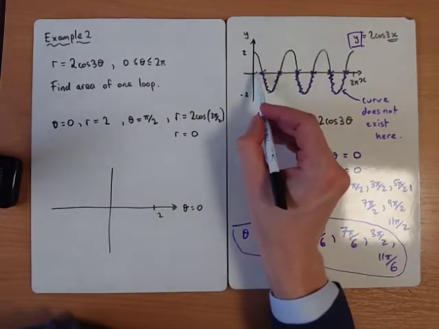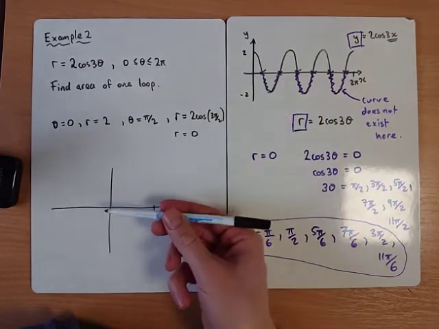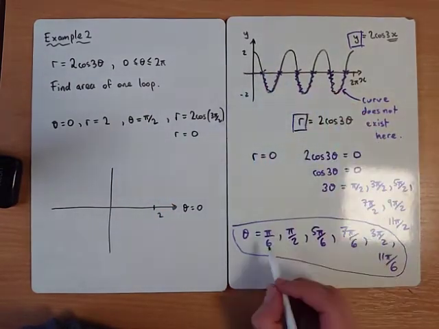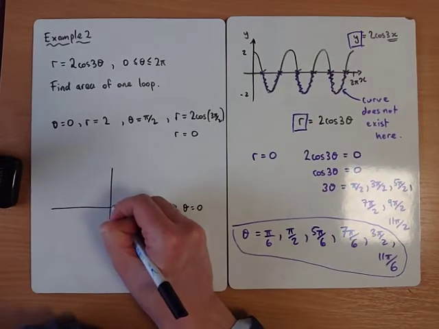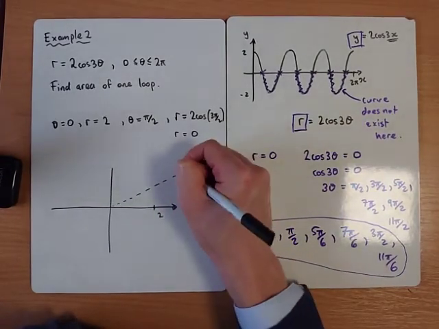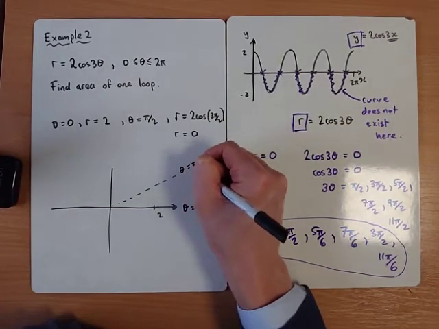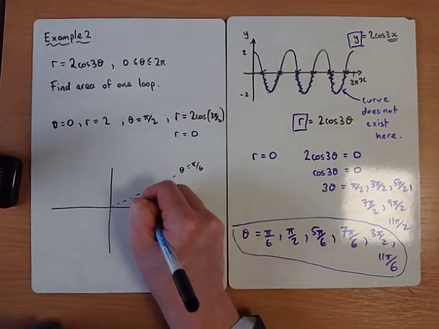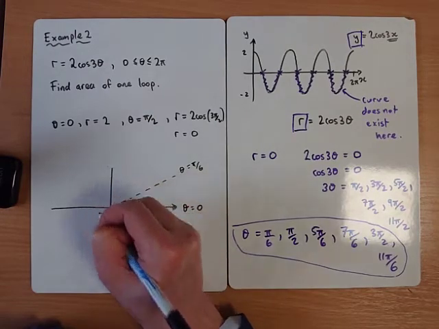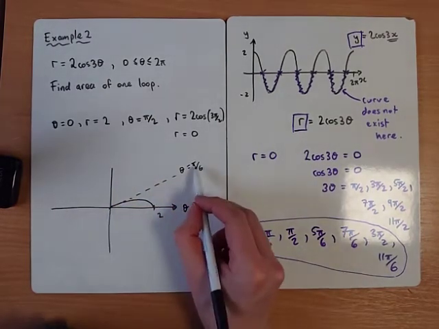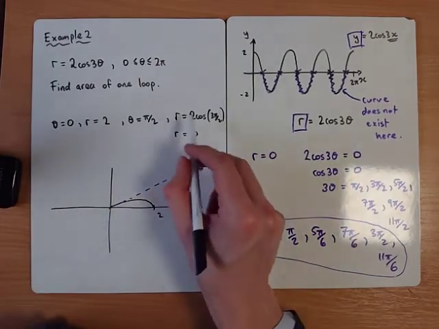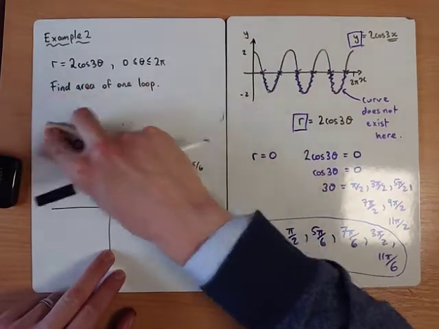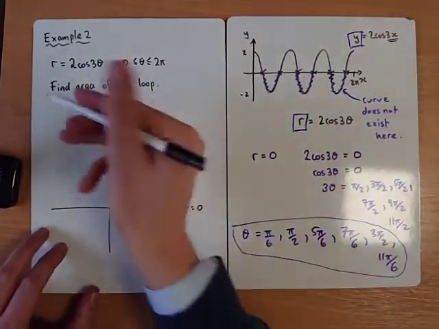Now as x increases, like as theta increases and we rotate around, when we get to this value, which is pi over 6, that's when we go into the pole. Because at theta equals pi over 6, if I sub pi over 6 into this equation, look what happens.